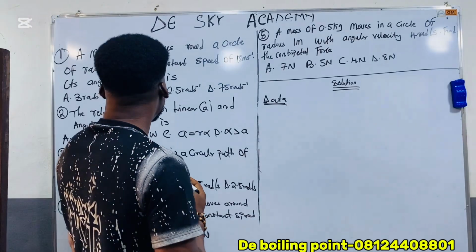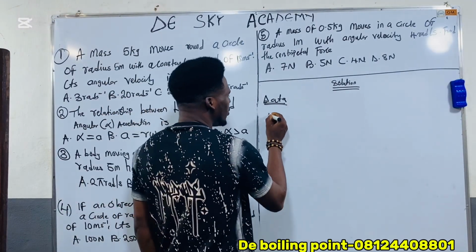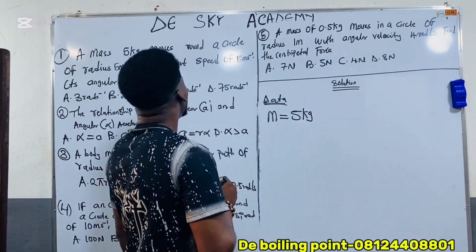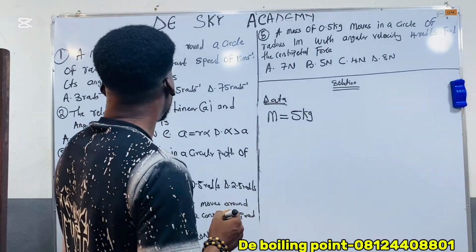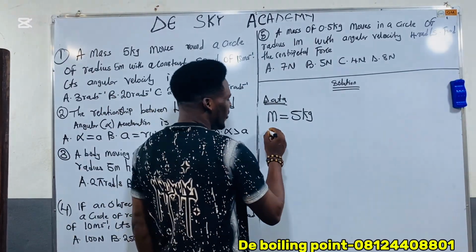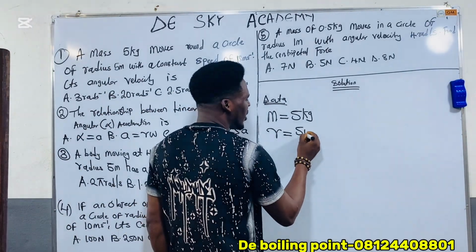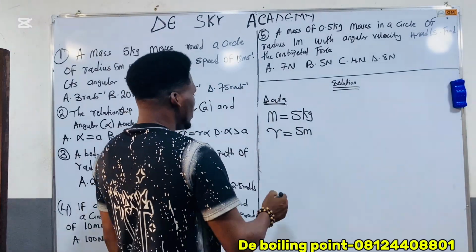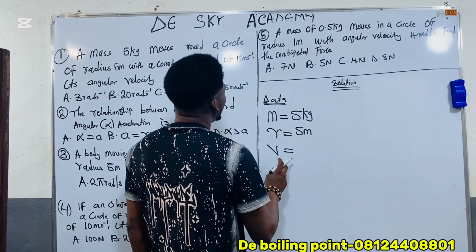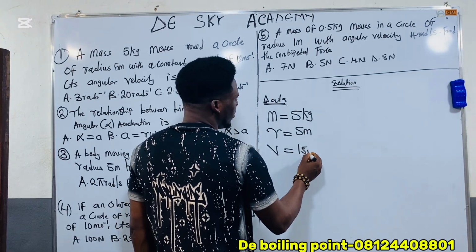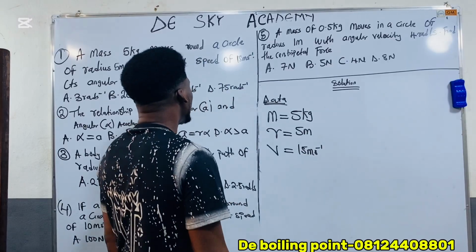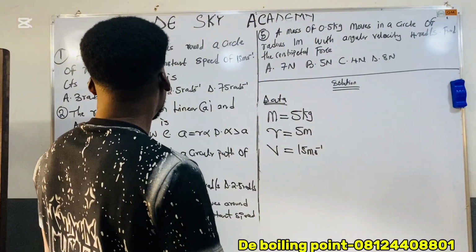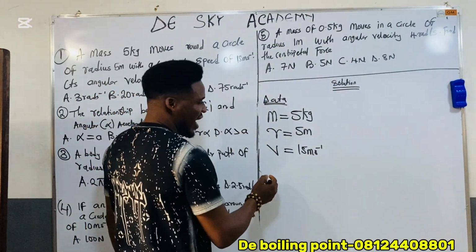In this first question, they gave us a mass of 5 kg, a radius of 5 meters, and a constant speed of 15 meters per second. Its angular velocity is dash, which means we are looking for angular velocity.